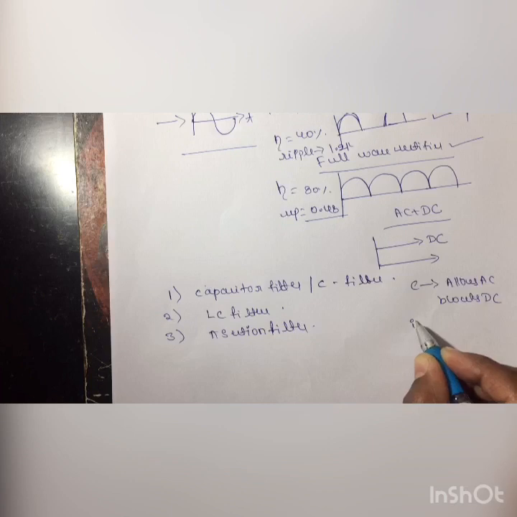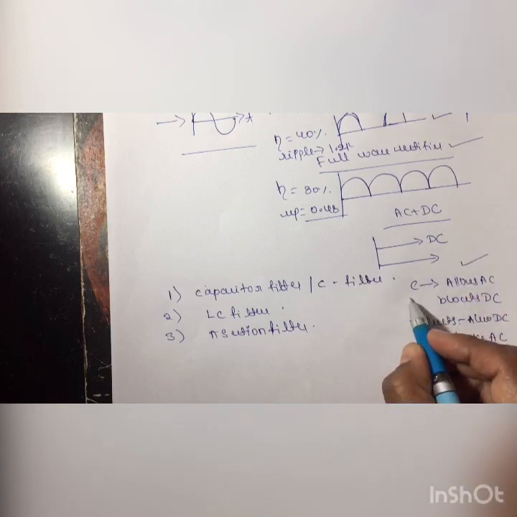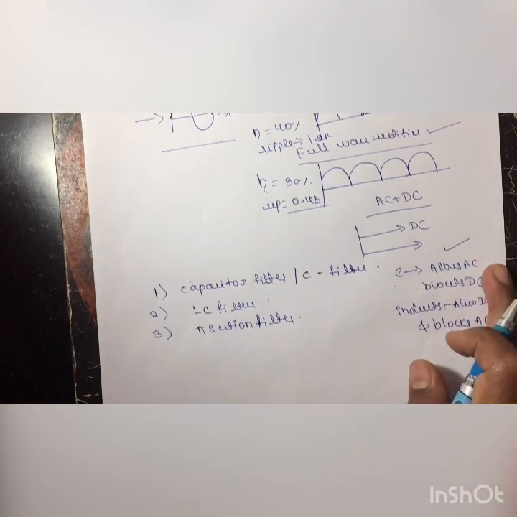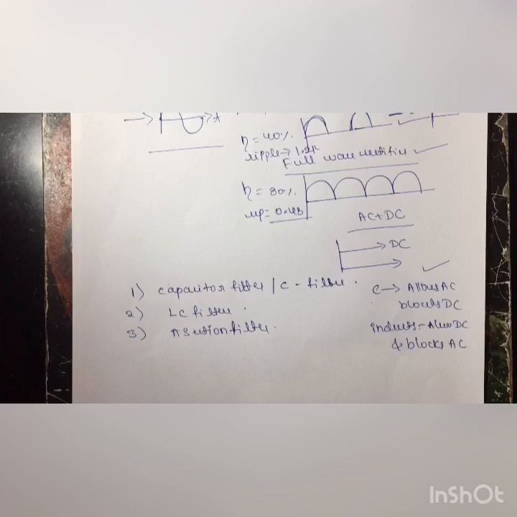But in the case of an inductor, it allows DC and blocks AC. The main basic property of a capacitor is that it allows AC and blocks DC, but the main property of an inductor is that it allows DC and blocks AC.